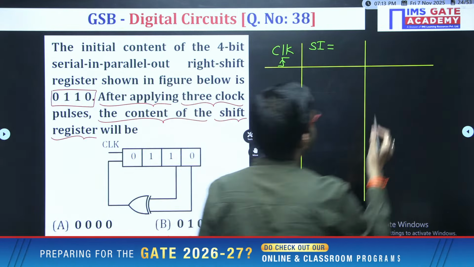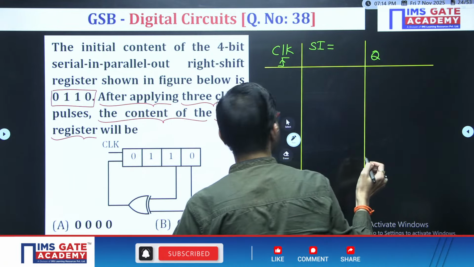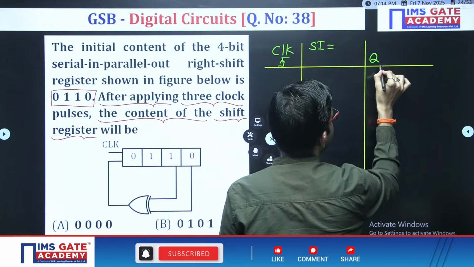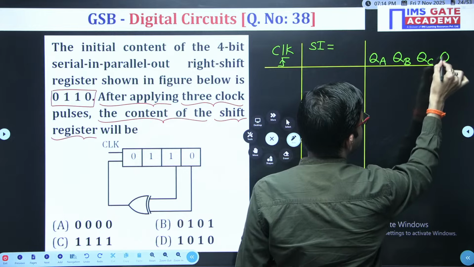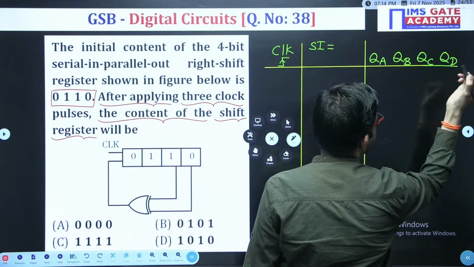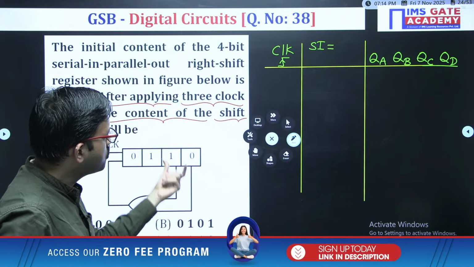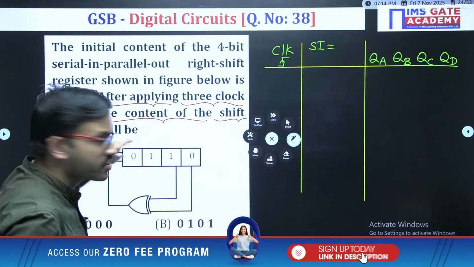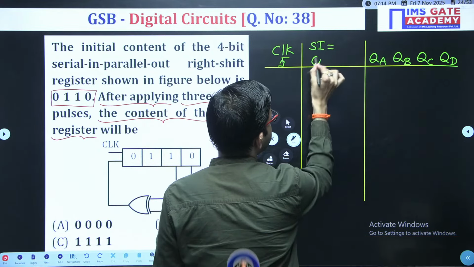I am labeling the 4 outputs QA, QB, QC, QD. The least 2 bits, among which you have to perform XOR, means QC XOR QD.